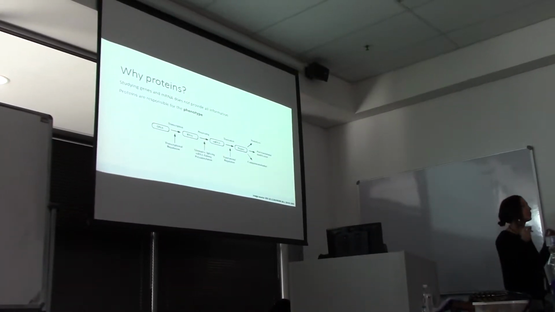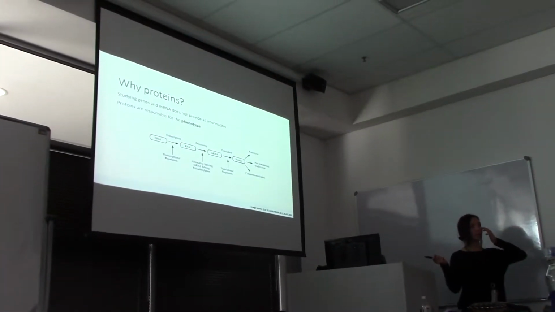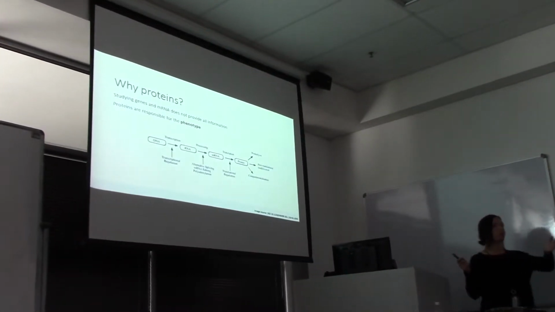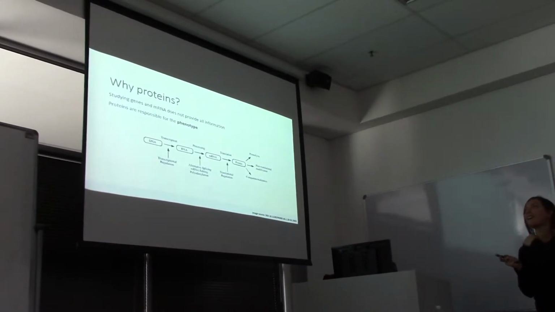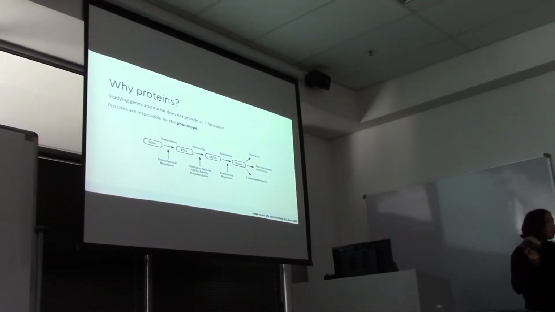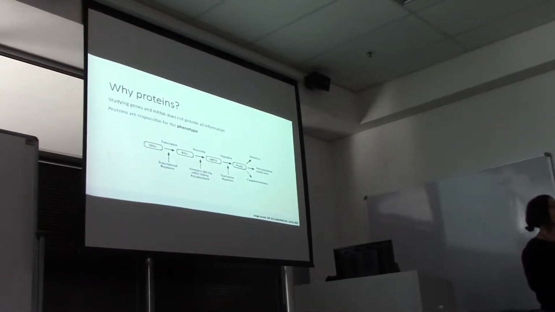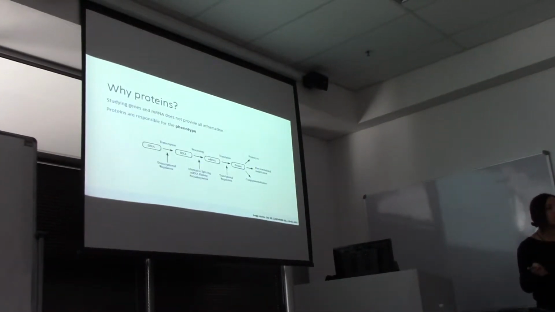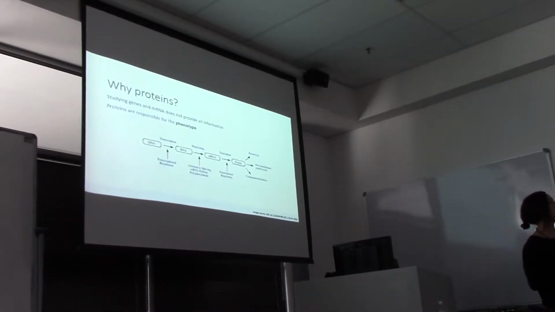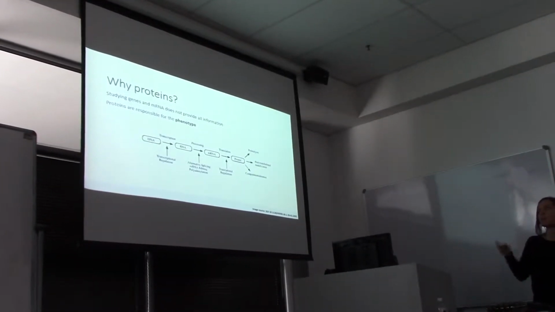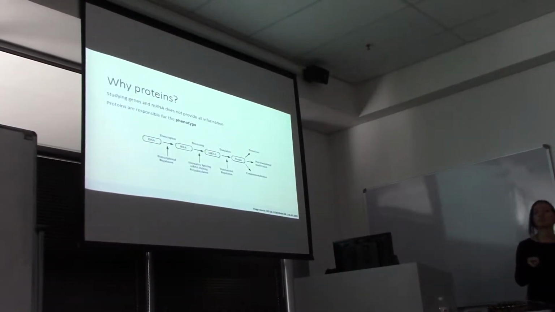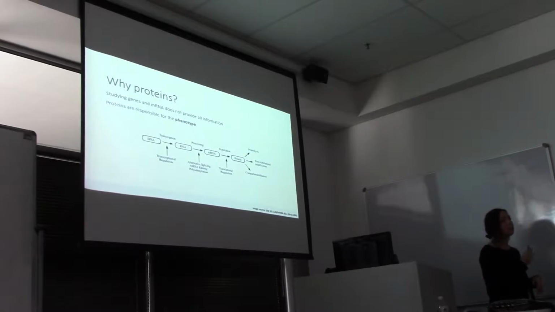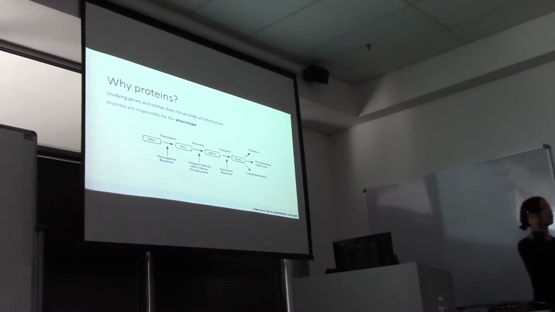So why is it good to study proteins over looking at DNA or at transcripts? Does anyone want to attempt this with the hints on the slides? Proteins are responsible for the actual phenotype, for what we see. They're responsible for the cellular processes that happen in the cell. So even though you can find a DNA or even an mRNA transcript, that doesn't necessarily correlate with the final outcome in your cell.